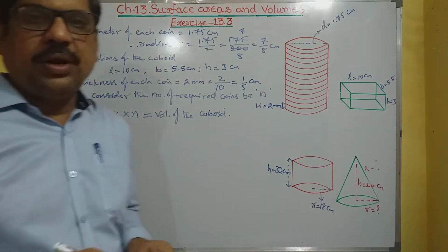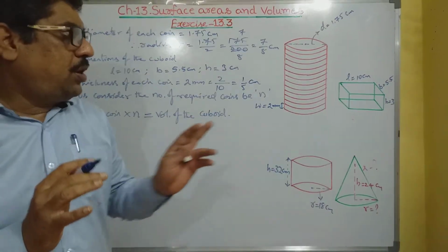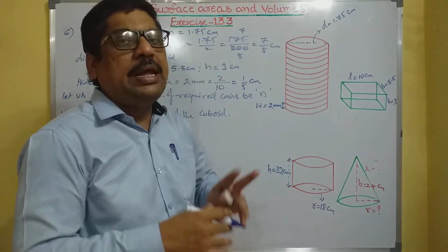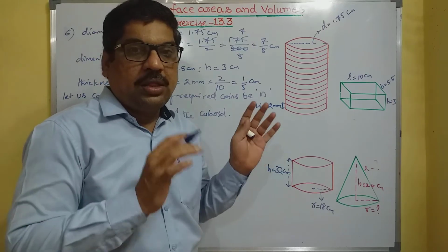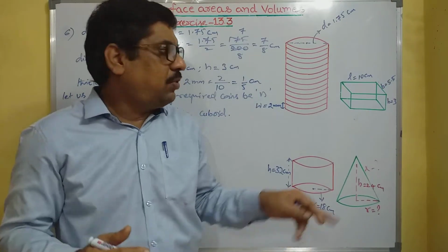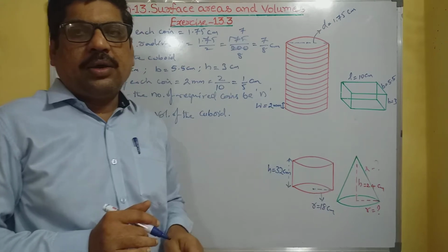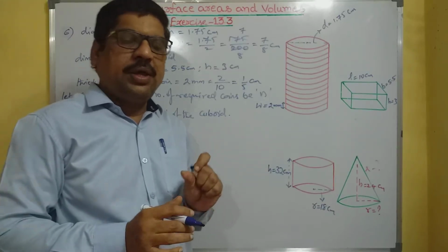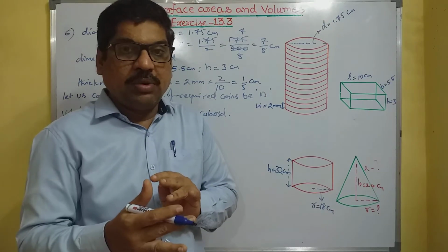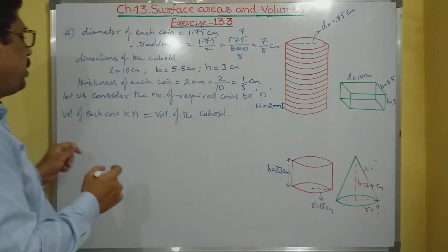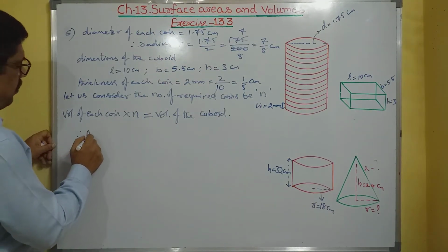Now observe carefully, if we want to get the cuboid, we need to melt many coins. The volume of all those coins is equal to the volume of this cuboid. I already told you that whenever we melt and recast, the volume of the objects before and after will be the same.